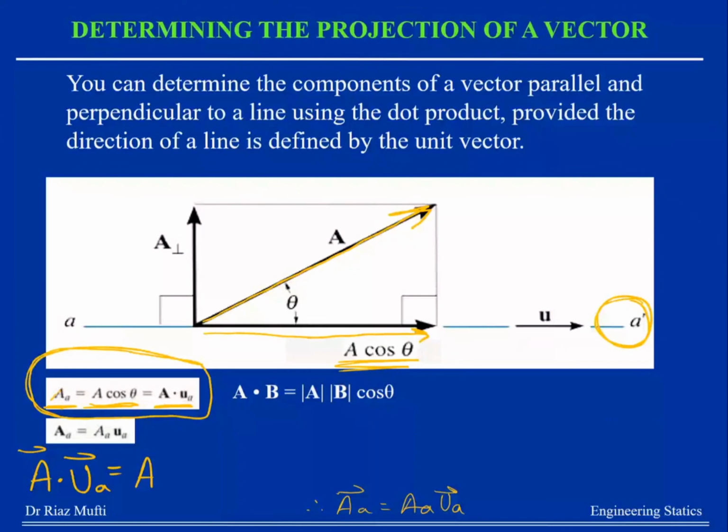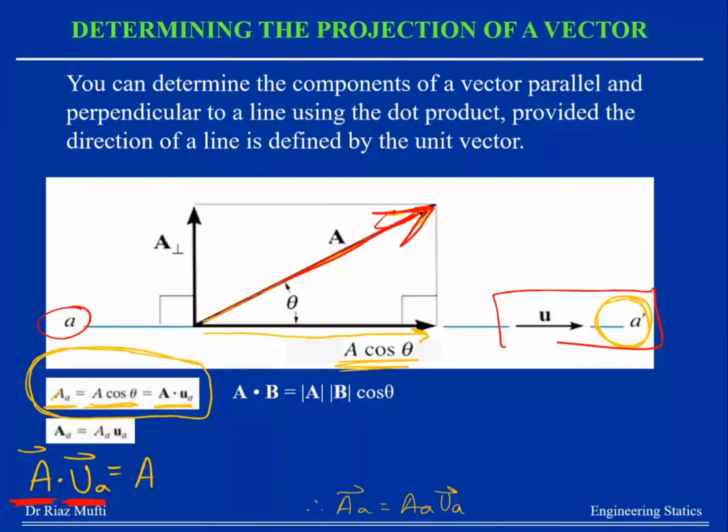So I'm doing the dot product of the vector A and the unit vector of my axis A. I've got my A here, and I've got my unit vector A, which is in the direction of the A axis.